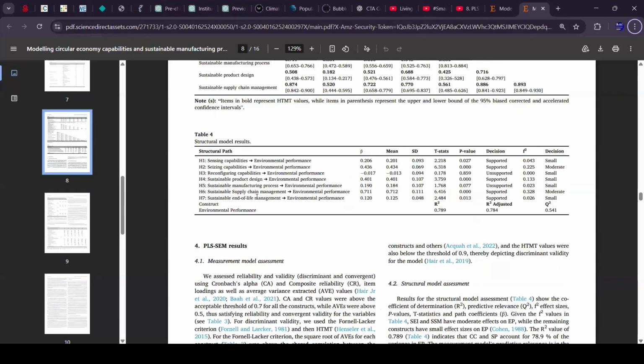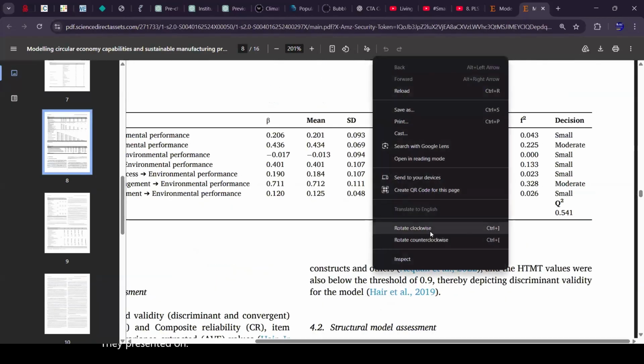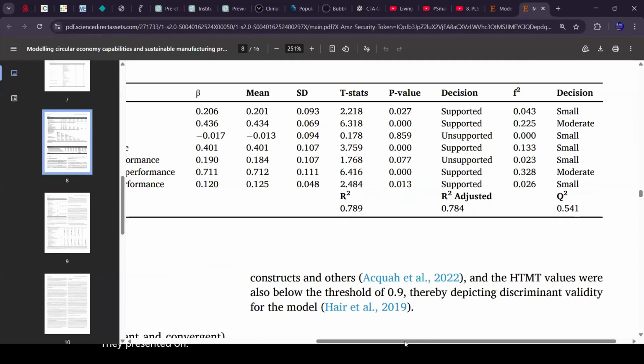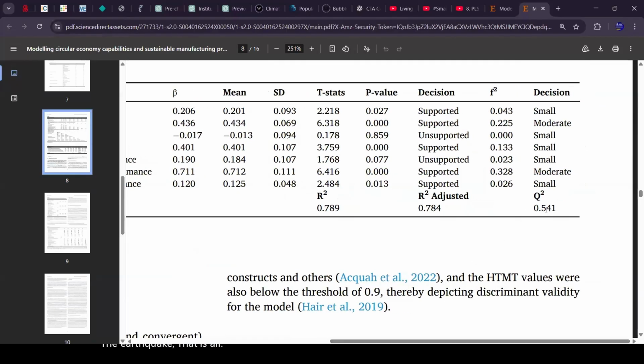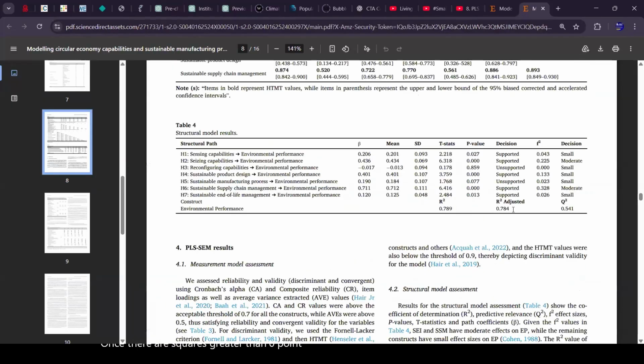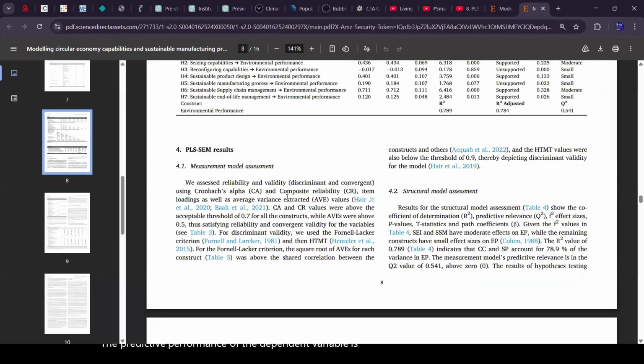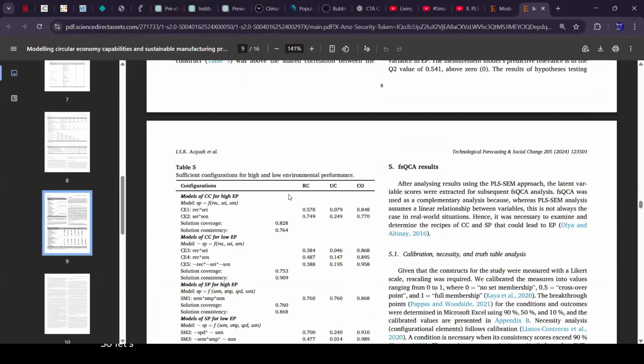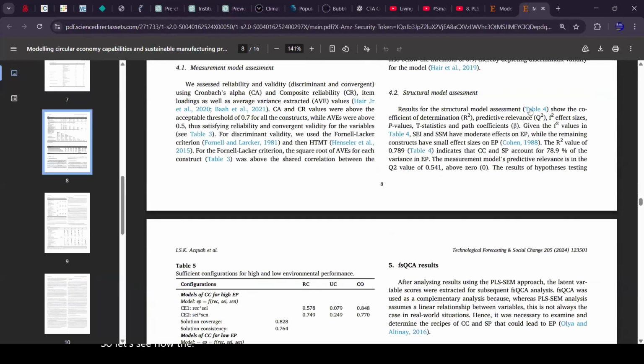So you see, with this paper, they presented on the R square. That is all. Once the R square was greater than 0.54, it means that they are good. The predictive performance of the dependent variable is accurate. Okay, so let's see how they explained it.